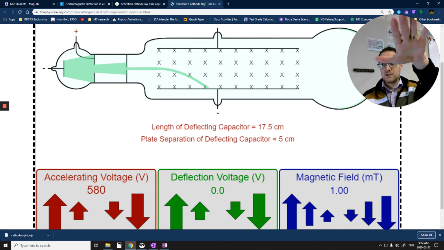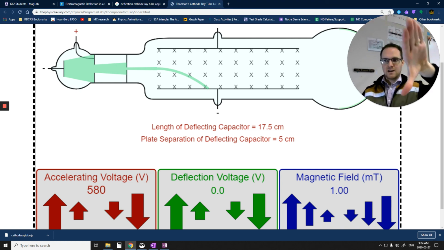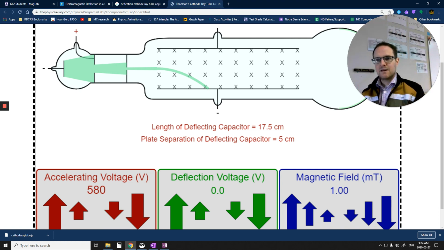So let's use our hand rule and try to figure out why that's the case. So this is going to be kind of weird. Okay, so the little X's here are the magnetic field. You can see as I turn them off, the X's disappear. I turn them on, the X's turn back on. So my magnetic field right now is going into the page. So that's towards my face here. So I'm going to put my fingers towards my face.